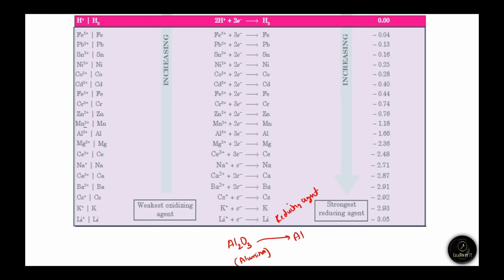All the metals which are below aluminium in this electrochemical series can act as reducing agents. So we can use magnesium, calcium, or barium, because others also can be used but they have negative impacts. Generally magnesium metal is used.